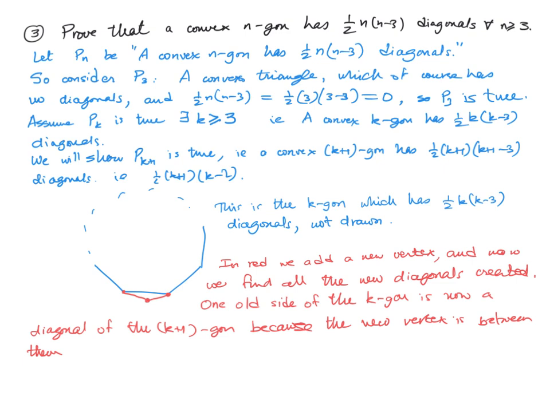So the new vertex connects to all but two of the previous vertices of the k-gon.